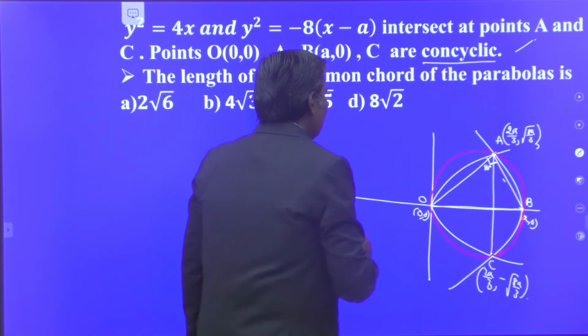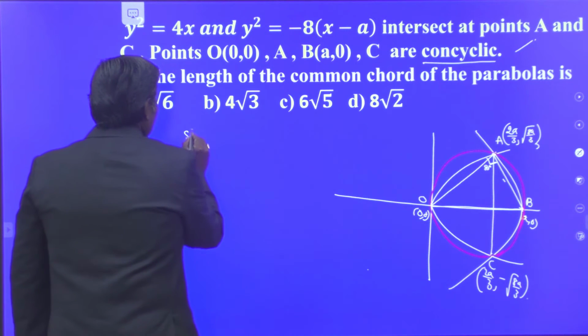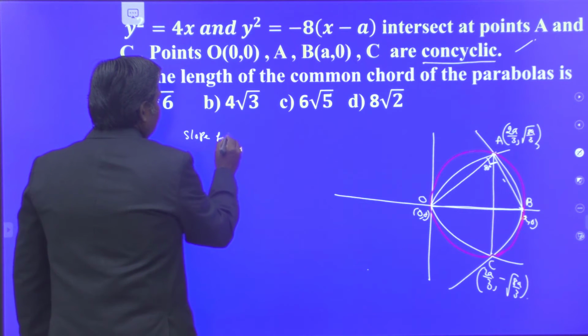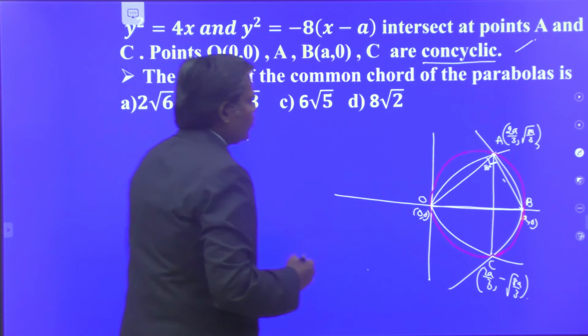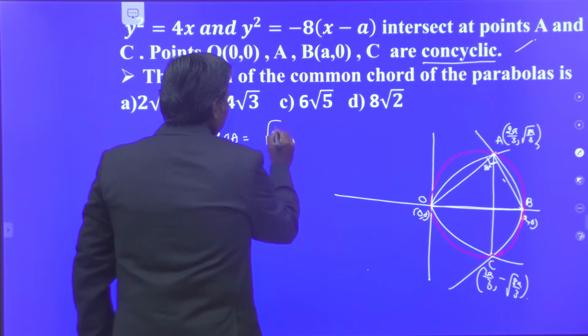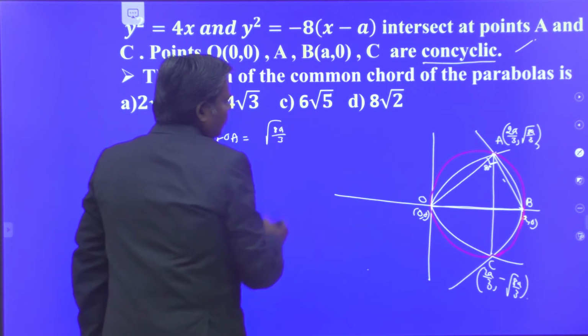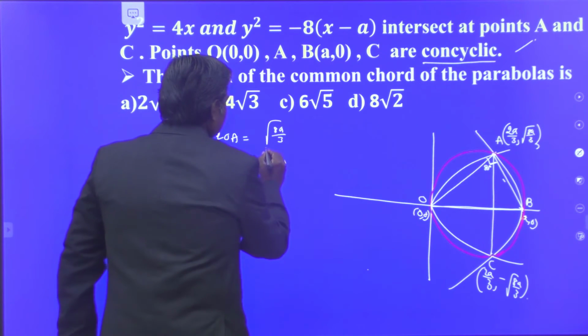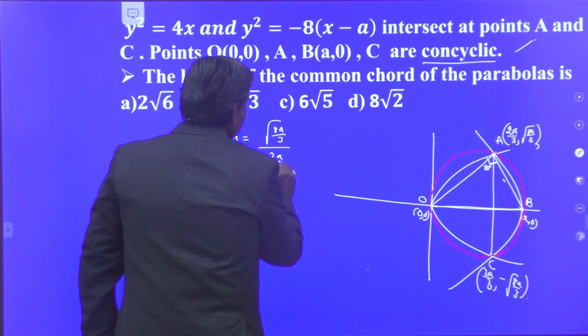So, what is the slope of OA? Slope of OA is equal to, just it is 0, 0, root of 8a by 3 by 2a by 3.